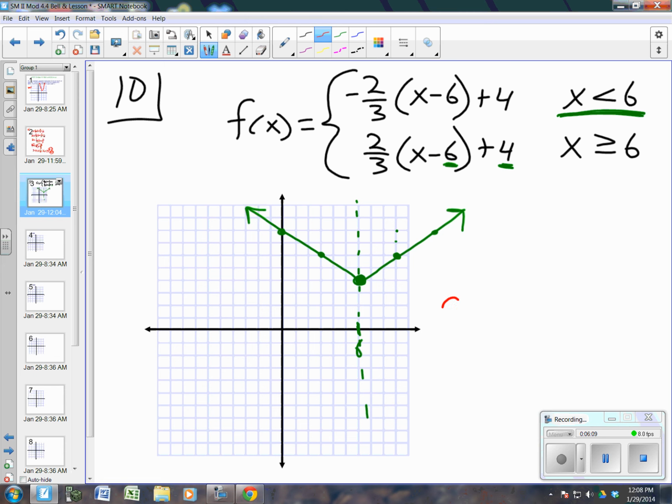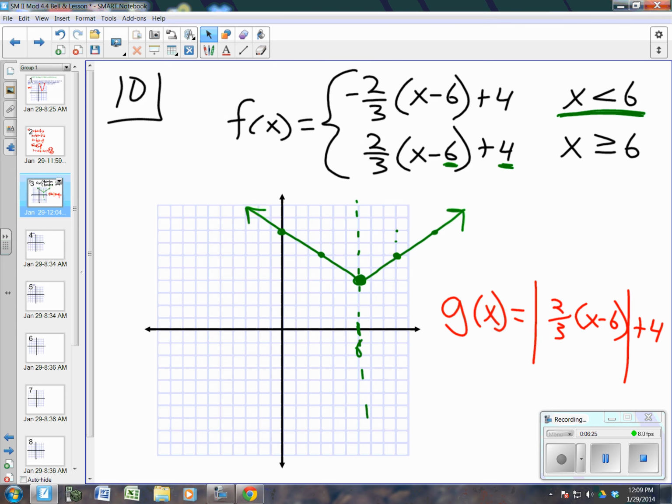I could write this as g of x equals the absolute value of 2/3 times x minus 6 plus 4. Right? Yep, I could write it like that. So it's the same thing. Any questions there? Okay. Is that enough questions?